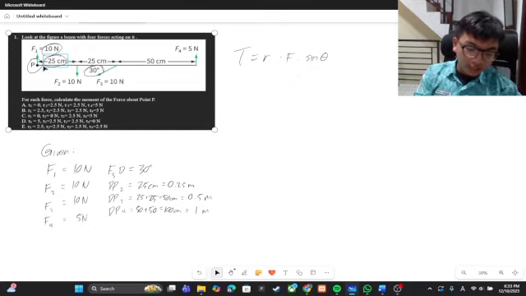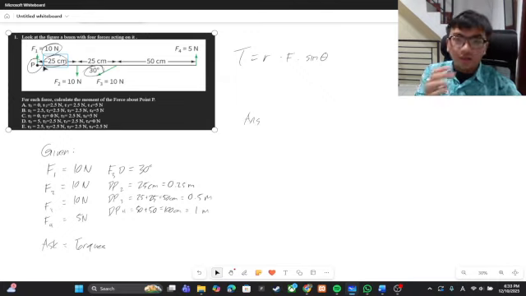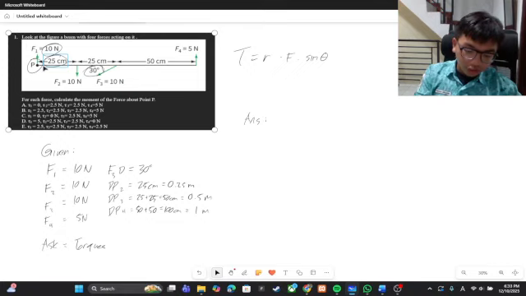What does it ask? It asks for the torques. T-O-R-Q-U-E-S, torques. And so we enter the answer. For the answer, we're going to head down with torque 1 first.